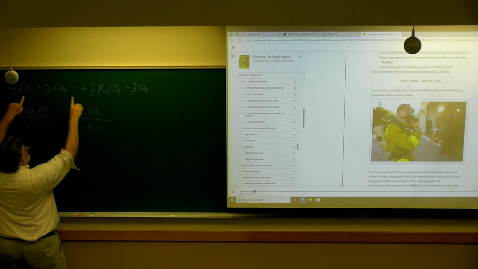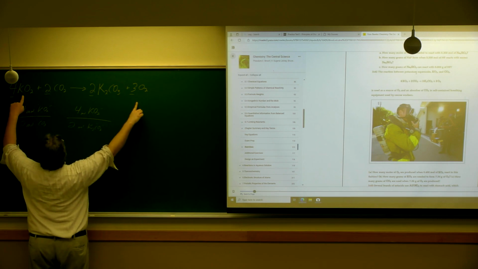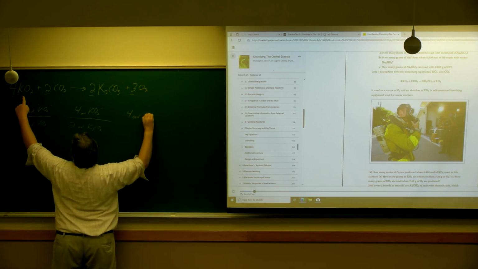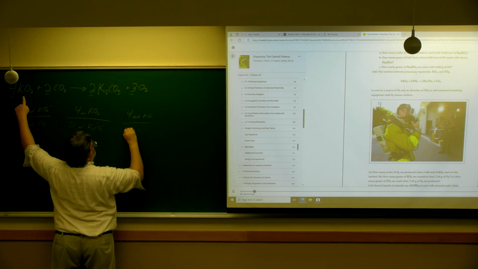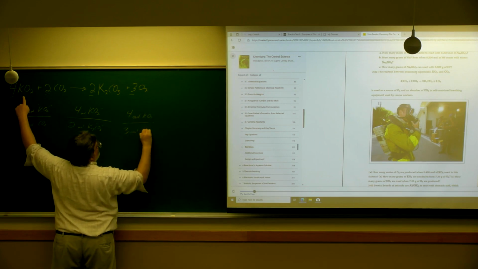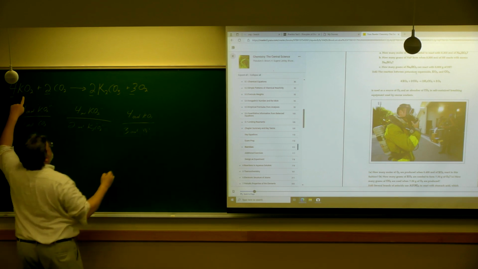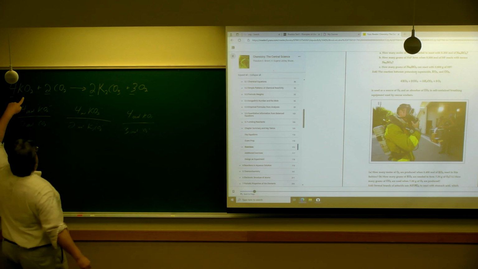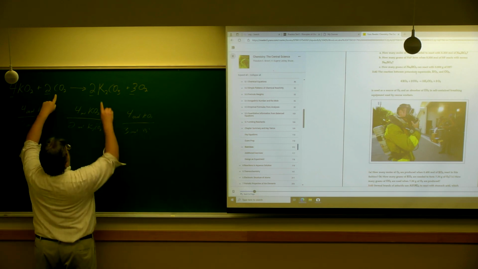I did these two and I did these two. Now I'm going to do these two. Here's the relationship. 4 moles of KO2 to 3 moles of O2. All right. So there's 3 relationships, but there's more. I'm going to put my left finger now here and go, there's these two.